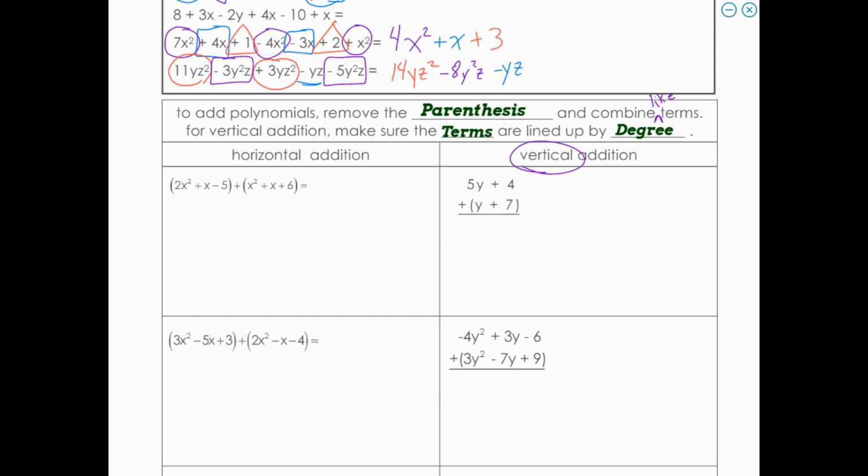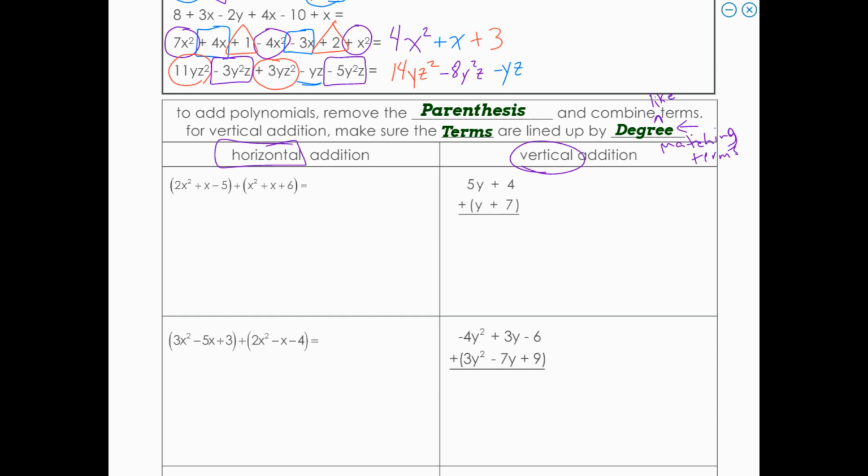So you can rewrite things that are in horizontal form as vertical form so that you can see what lines up better. Okay, so for vertical addition, make sure the terms are lined up by degree. That's that word that you needed to know. So they just need to be lined up by the matching terms.